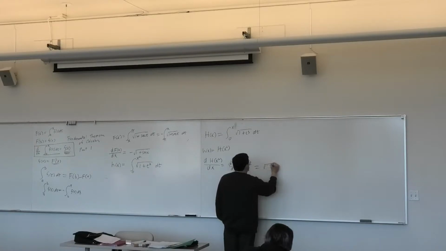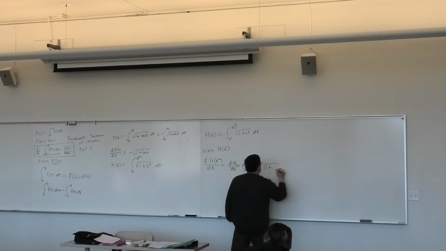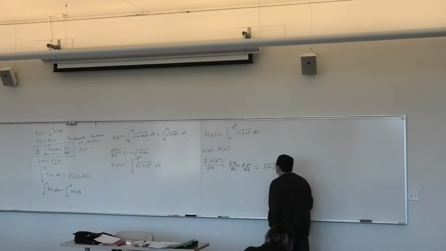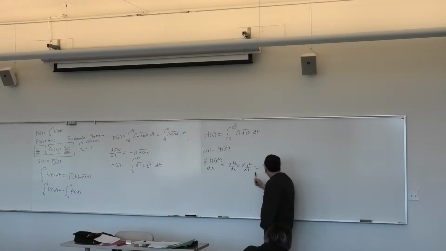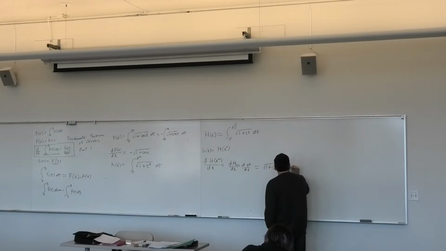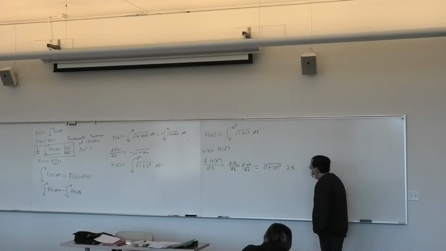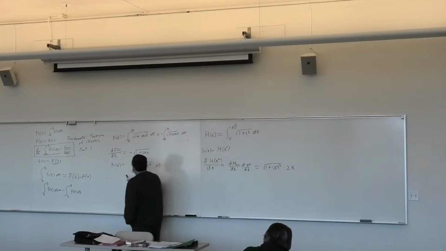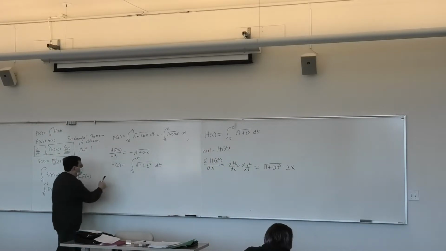That's just the square root of 1 plus, I have to plug in my variable, x squared cubed. And the derivative of x squared is 2x. So that's the long way to get the derivative of little h of x.